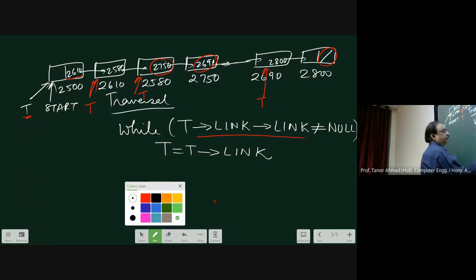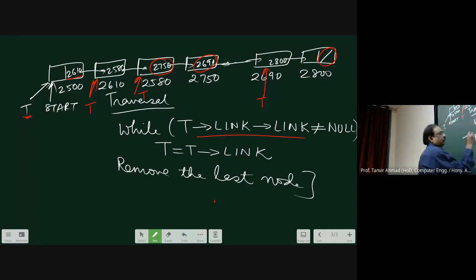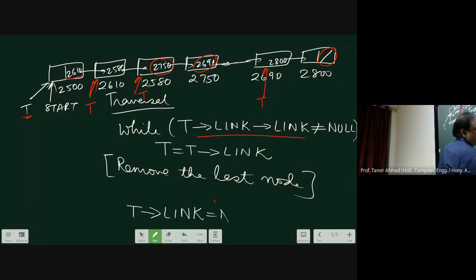I will write remove the last node. I will say here T of link is equal to null.